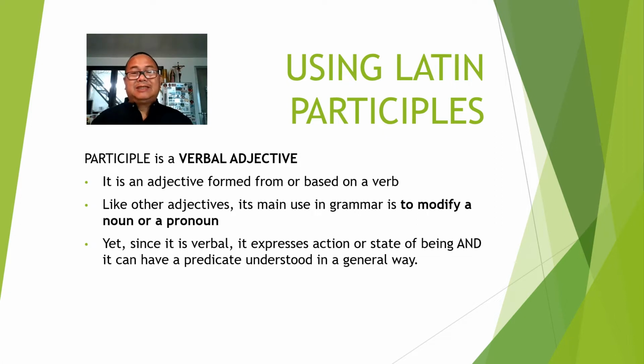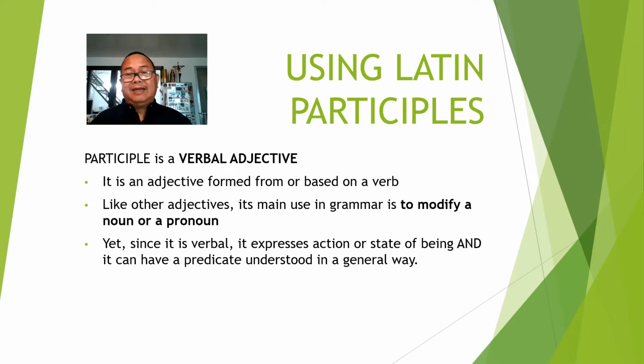So a participle is defined as a verbal adjective. Meaning to say, it is an adjective formed from or based on a verb. In the first part, we learned how to form the four participles from verbs. So, if a participle is a verbal adjective, like other adjectives, its main use in grammar is to modify a noun or a pronoun.